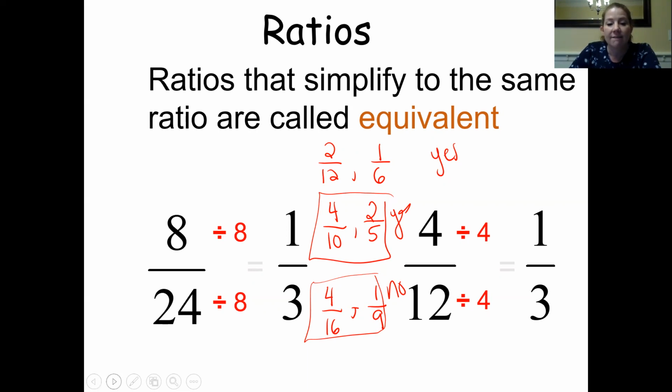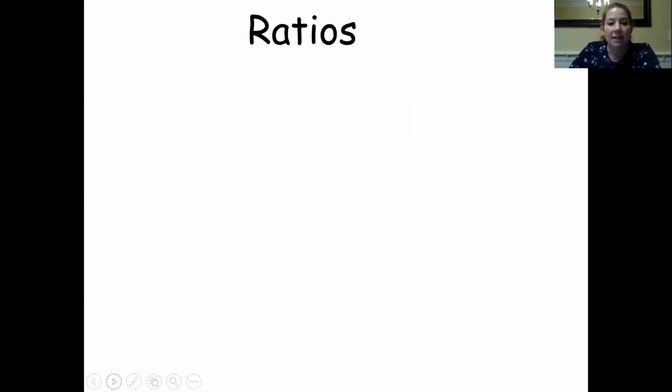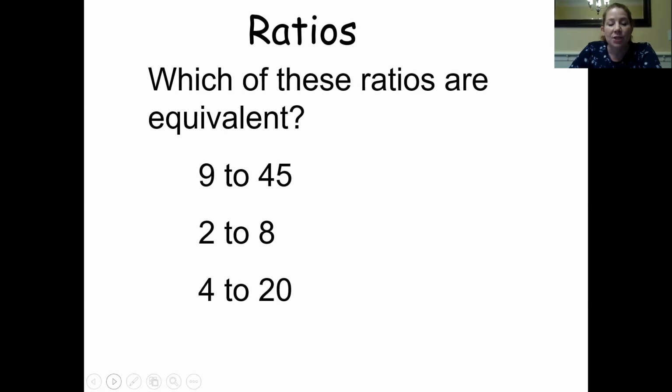All right. Which of these ratios are equivalent? What do you guys think? It is the first one and the last one, right? Because if I divided 9 and 45 by 9, I would get 1 to 5.